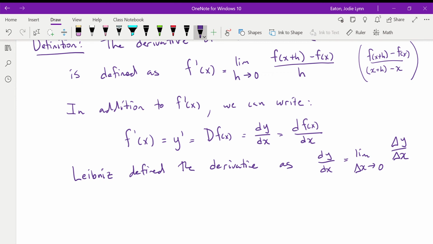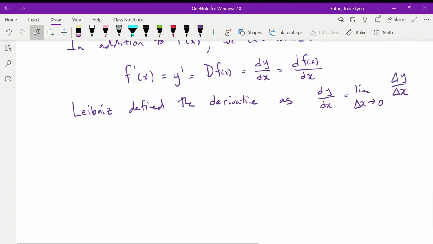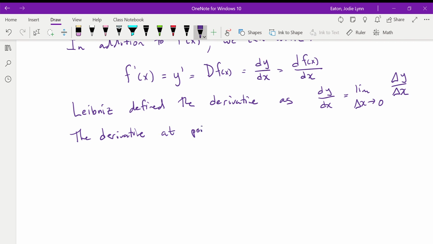Sometimes we may wish to evaluate the derivative at a specific point. So the derivative at point A is dy dx with the line here, which means evaluated at A. And we will also be using that notation for integrals later in this course.